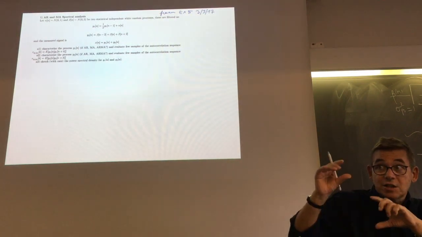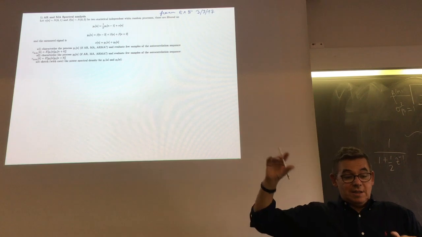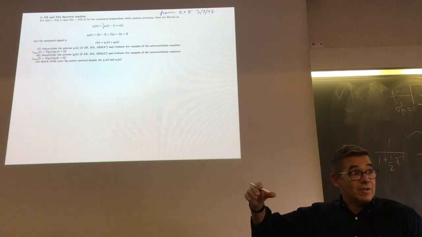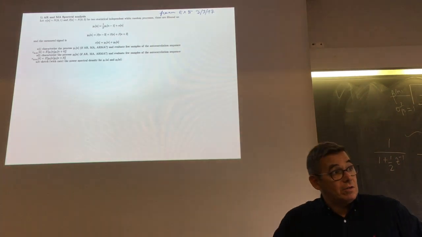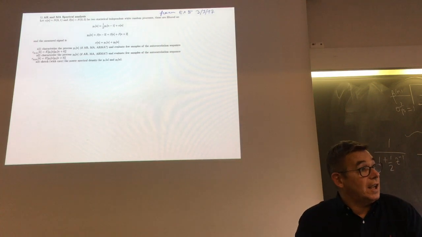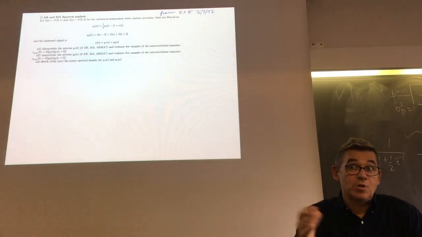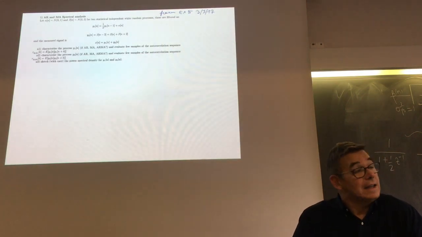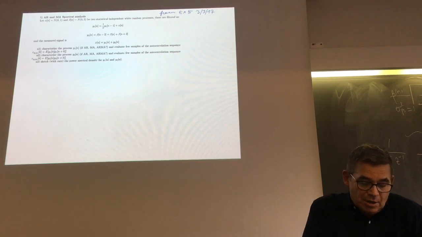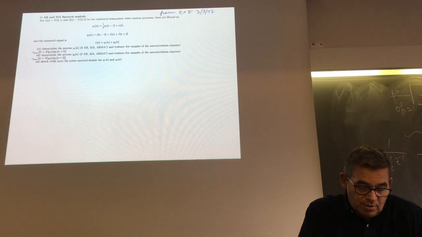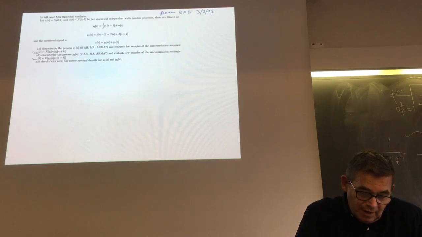This is a piece of a big exam. That means you need to know how to calculate the autocorrelation of a random process analytically, in any case. Now, let's look at it first.